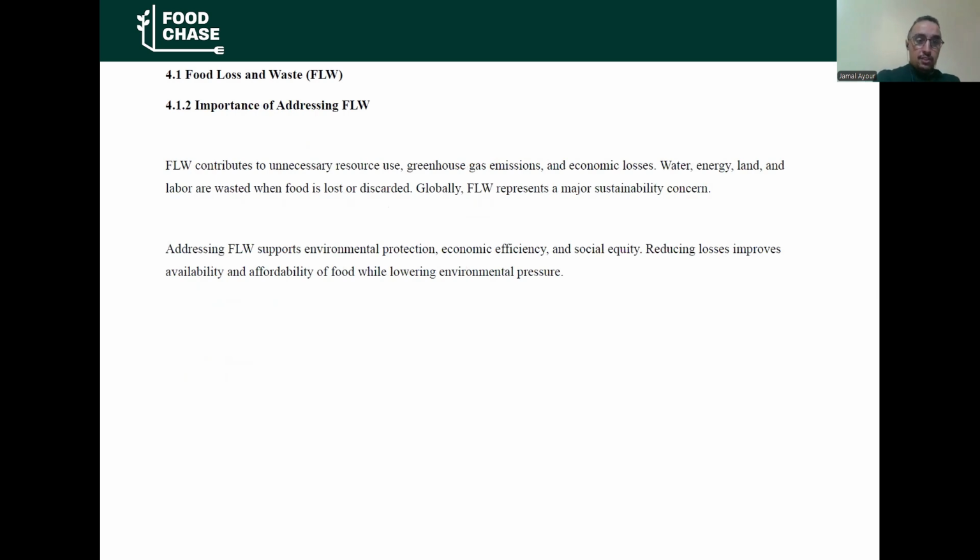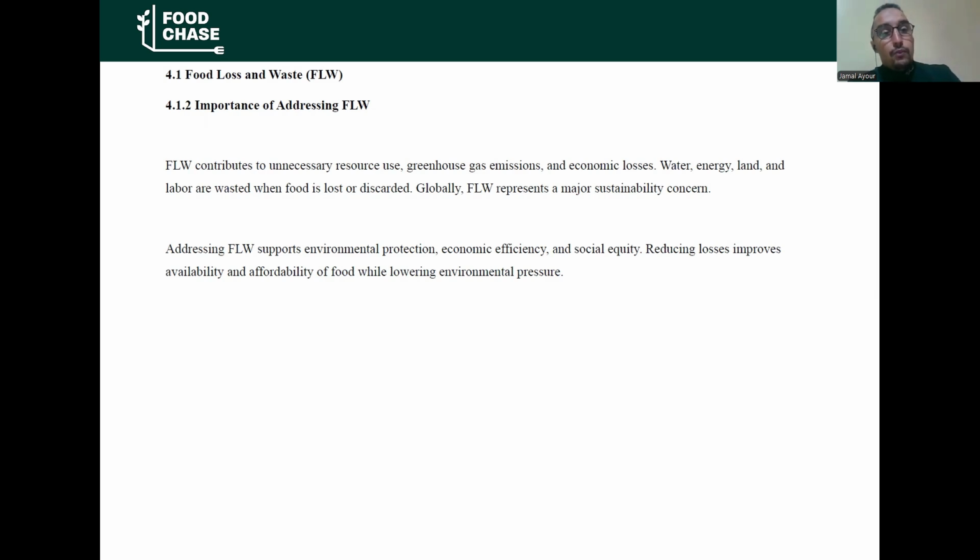Addressing food loss and waste contributes to reducing unnecessary resource use, greenhouse gas emissions, and economic losses. Water, energy, land, and labor are wasted when food is lost and discarded. Globally, it represents a major sustainability concern.